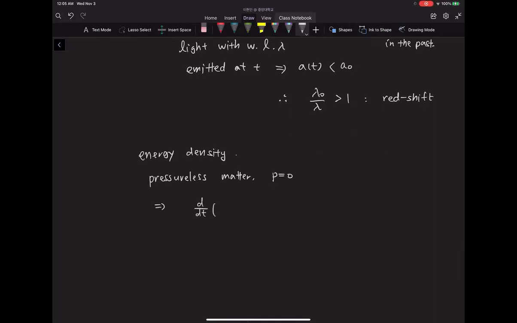Then the total energy is given by the volume of space-time times the energy density. So this rho is the energy density.